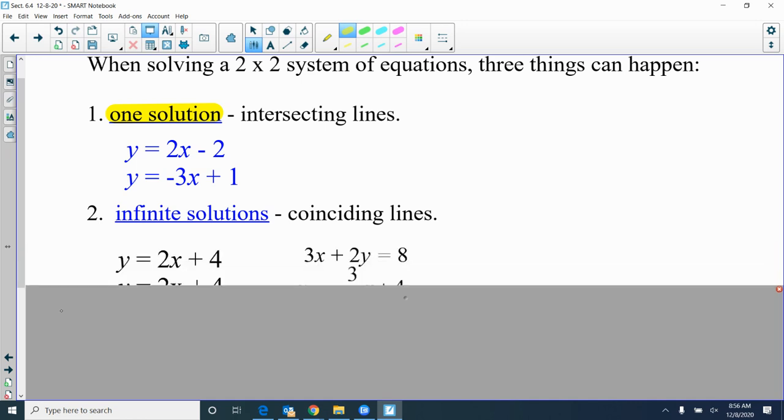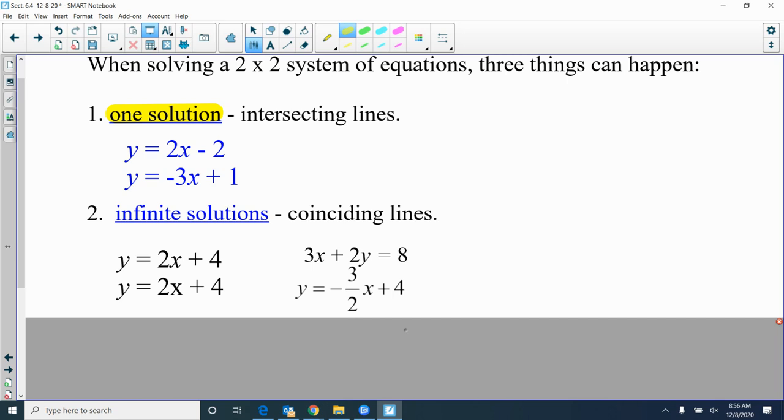Now, it could say y equals 2x plus 4 and y equals 2x plus 4, but it's not usually going to be that obvious. A lot of times you'll look at them initially and say they don't appear the same yet.